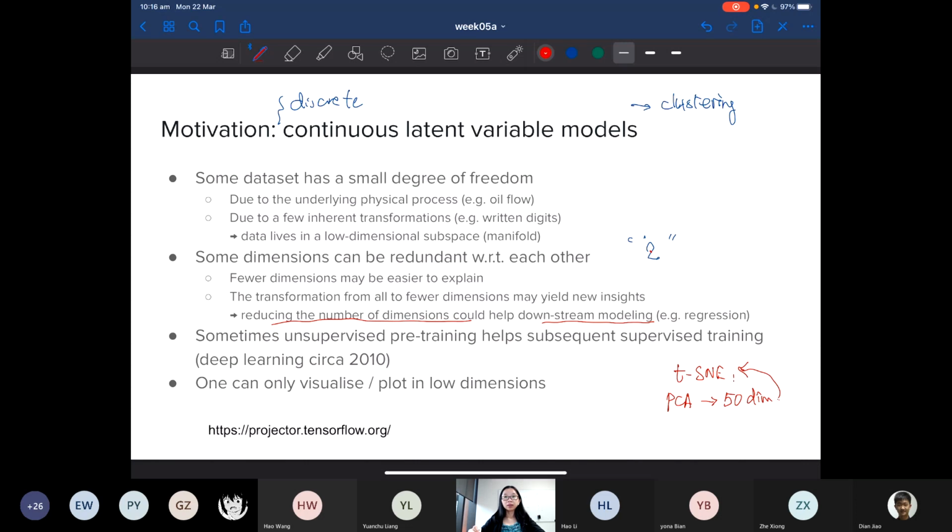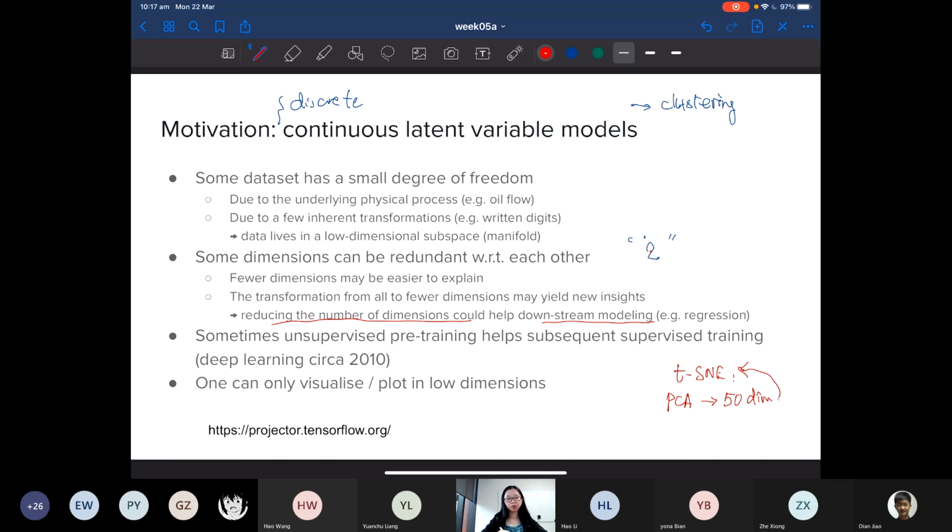And in some cases, for example in deep learning around 2010, people found that unsupervised pre-training helps subsequent supervised training, meaning that you don't train supervised end-to-end, but you run an unsupervised stage with PCA or the nonlinear version, and then do supervised training. That seems to work better.